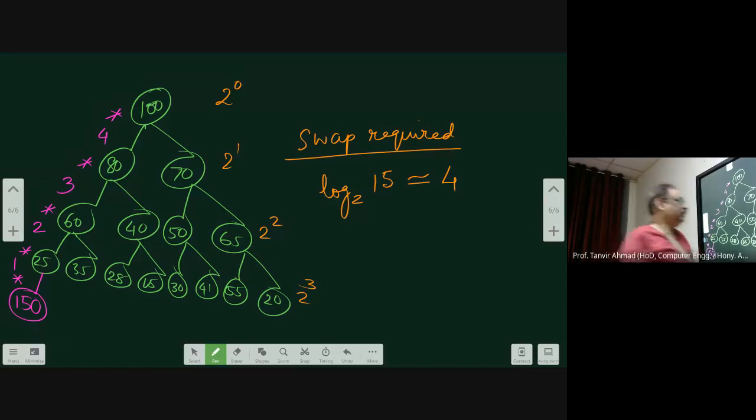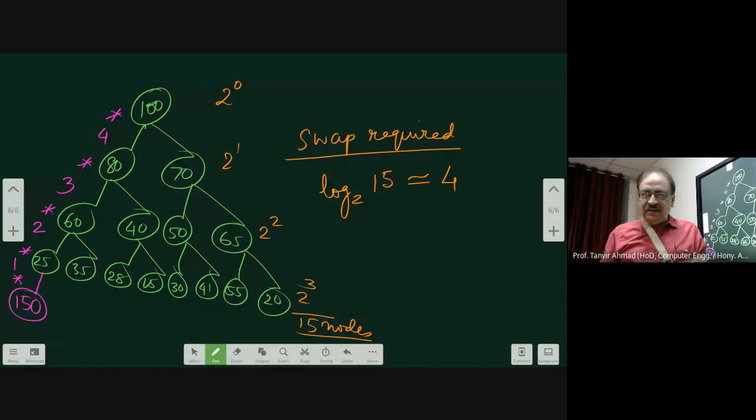Because of these 15 nodes, you required 4 swaps, which is nothing but log of 2 of 15.